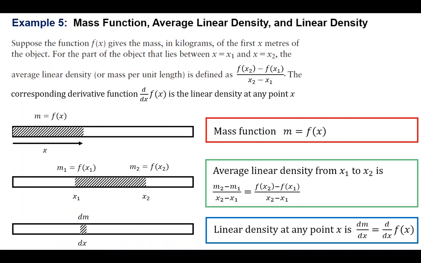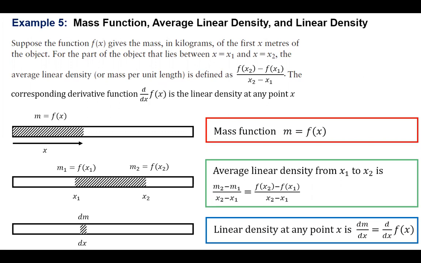For the part of the object that lies between x equals x1 and x equals x2, the average linear density, or mass per unit length, is defined as the difference between f(x) over the difference between x, which means (f(x2) minus f(x1)) over (x2 minus x1). The corresponding derivative function df/dx is called the linear density at any point x. So this is the concept of linear density.